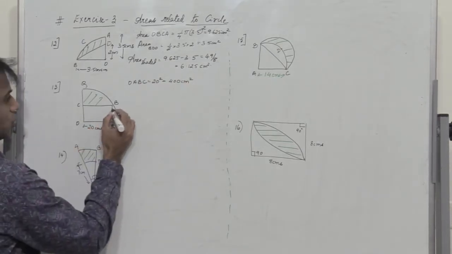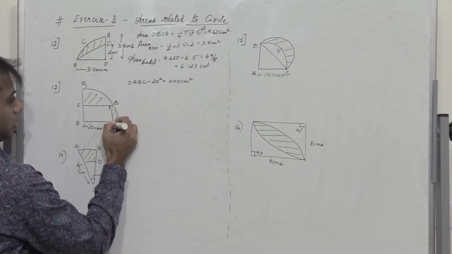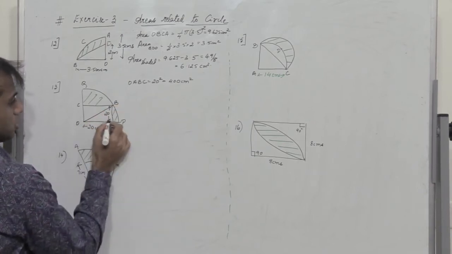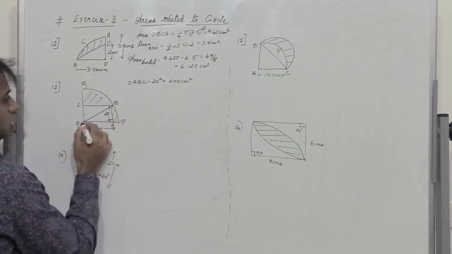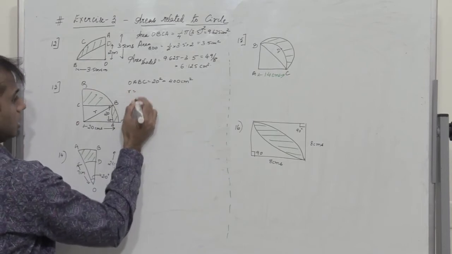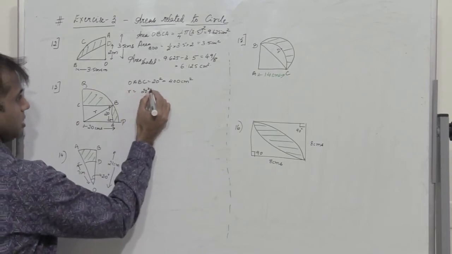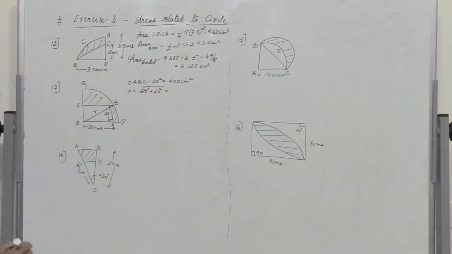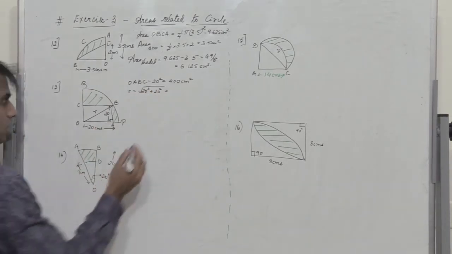Now since this is a square, this length, that is AB, is also 20, and we can find the hypotenuse. So this angle is 90 degrees. OB would be the radius of this circle. So R equals root of 20 square plus 20 square, which gives us root 800.